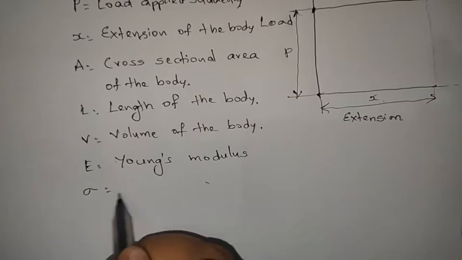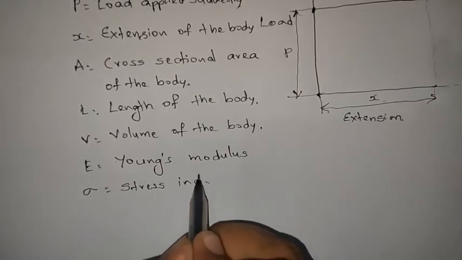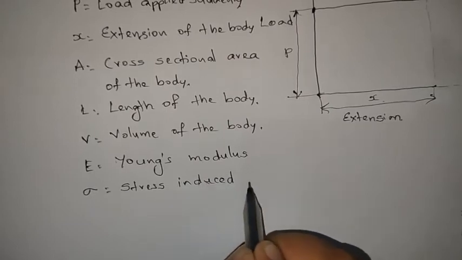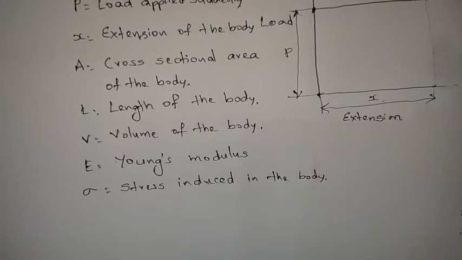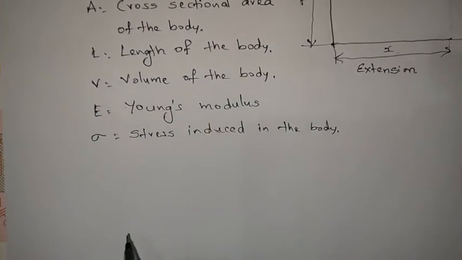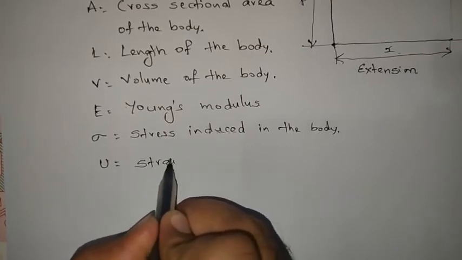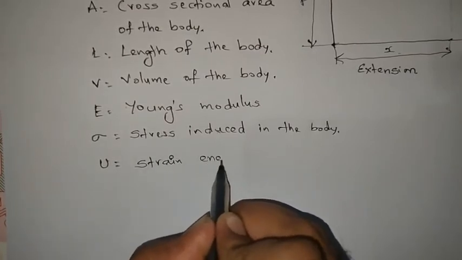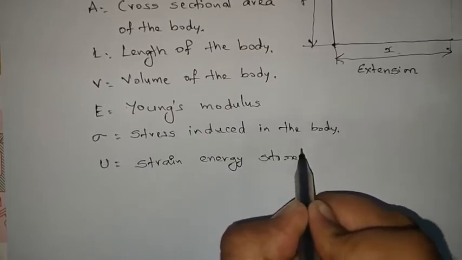Sigma is the stress induced in the body, and U is the strain energy stored in the body.